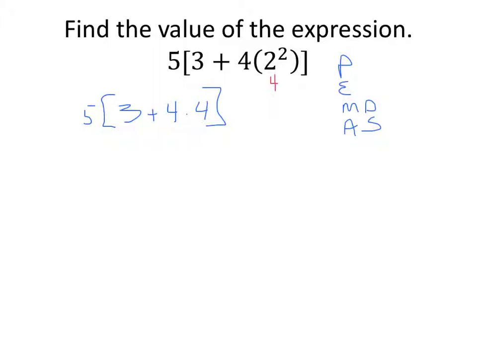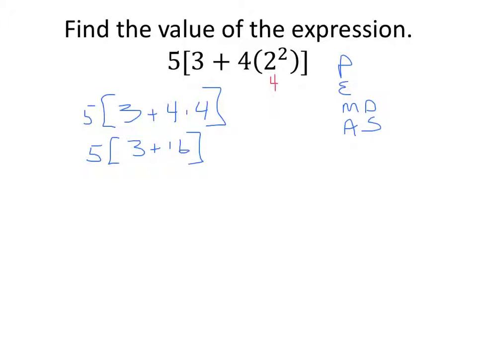We still have a bracket, so we resolve what's in the bracket first, and within the bracket we have addition and multiplication, and according to PEMDAS we do multiplication and then we do addition. So we have 5 times 3 plus 16. Now we're still working inside the parentheses because parentheses is at the top of PEMDAS.